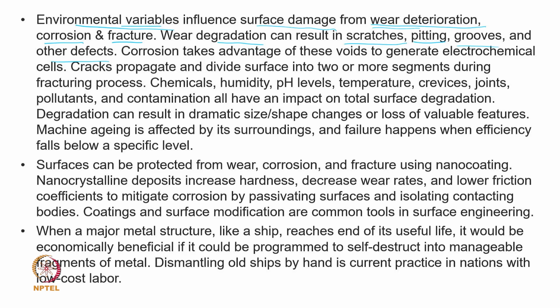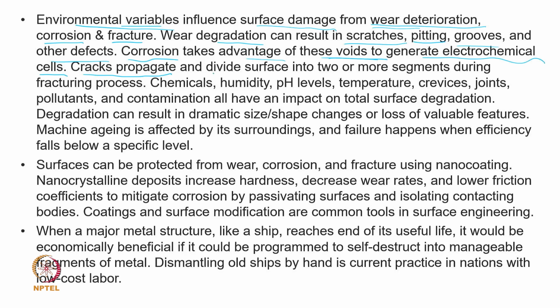Now, once those are there, the major role is played by corrosion. Corrosion takes advantage of these voids, or whatever the deformation or pits or grooves, and allows an electrochemical cell to be generated there. Now, when there is this crack and the electrochemical cell is formed on those surfaces, it will assist the crack to propagate, and when there is assistance to propagate the crack, naturally fracture will occur.